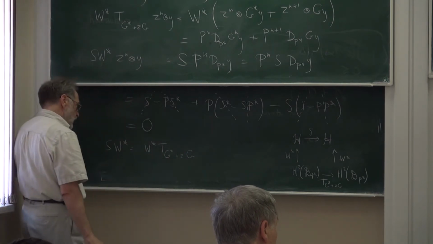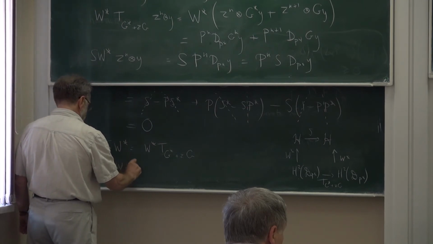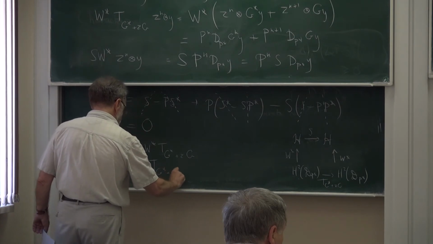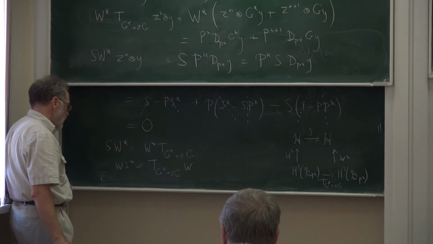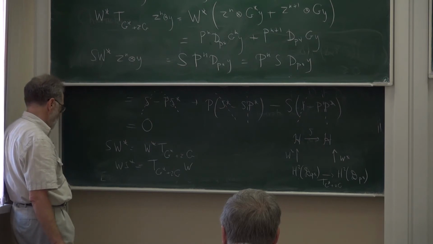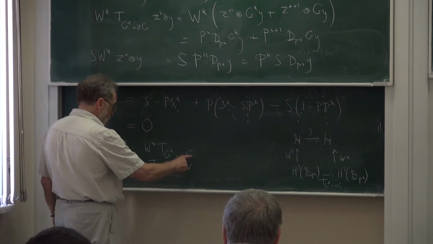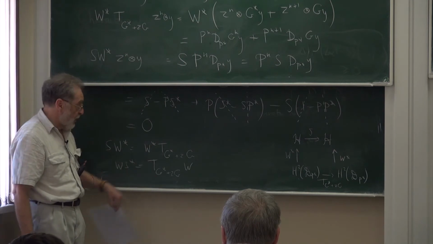Now if you just take adjoints, you get W S star equals the Toeplitz operator times W. So that says the range of W is invariant for this Toeplitz operator.